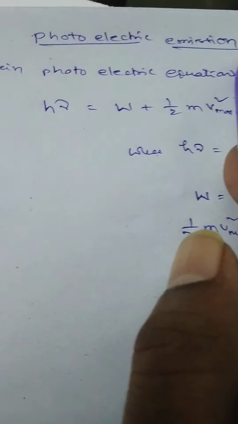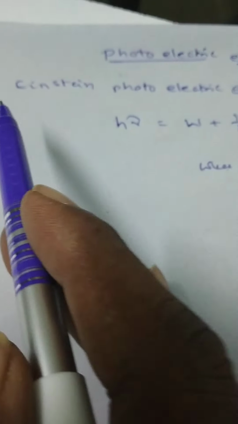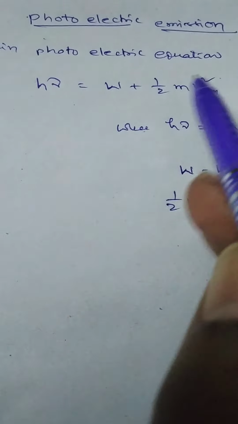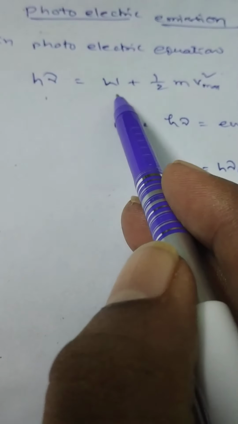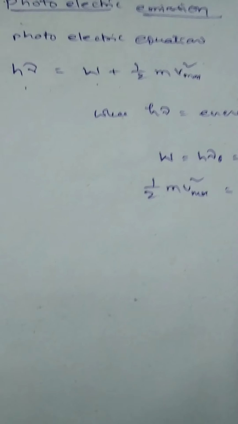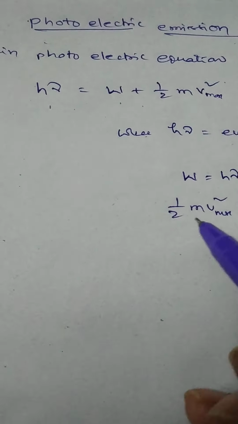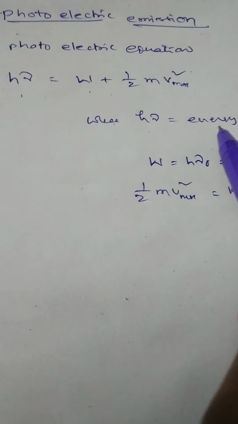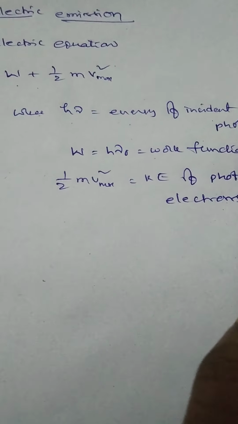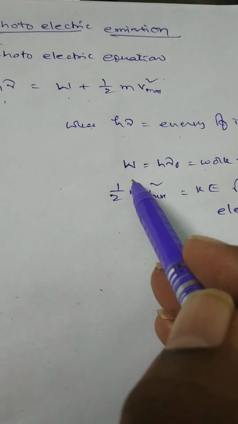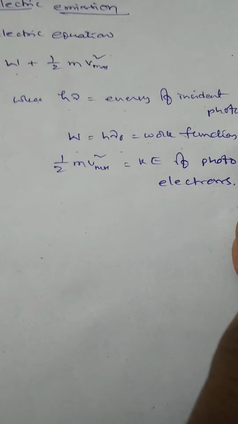Photoelectric effect. Einstein photoelectric equation is h nu is equal to W plus half m v maximum square. Here h nu is equal to energy of the incident photon. W is equal to h nu naught, the work function.